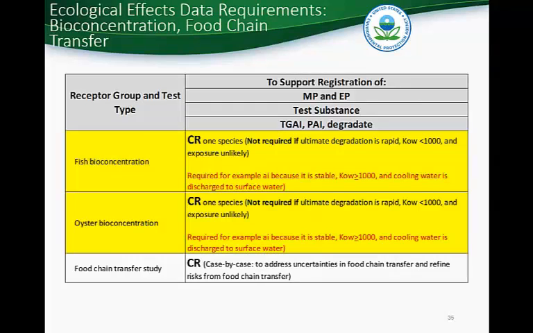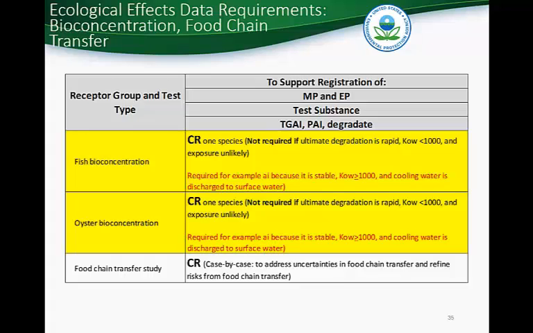For the cooling water system use pattern, 2 bioconcentration studies, one with a fish and one with an oyster, with the active ingredient, are required for this example because the active ingredient is stable. It has a KOW of greater than 1,000, and cooling water or cooling water effluent will be discharged to surface waters.